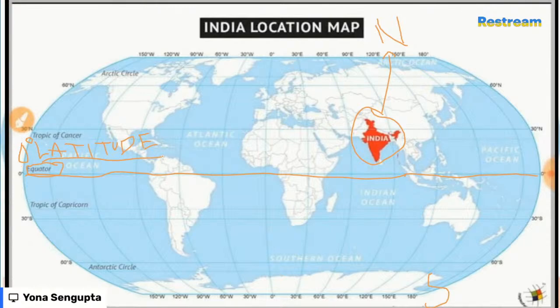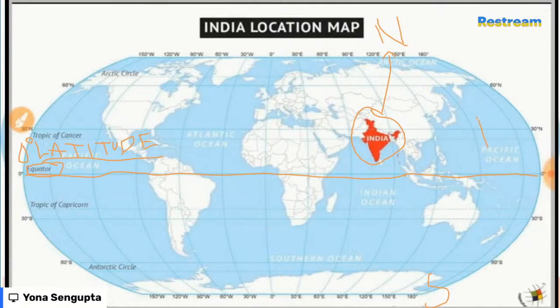Next, India is in the north of the equator and to the east of the prime meridian, which is the 0 degree longitude. Which one is the east part? India is here.